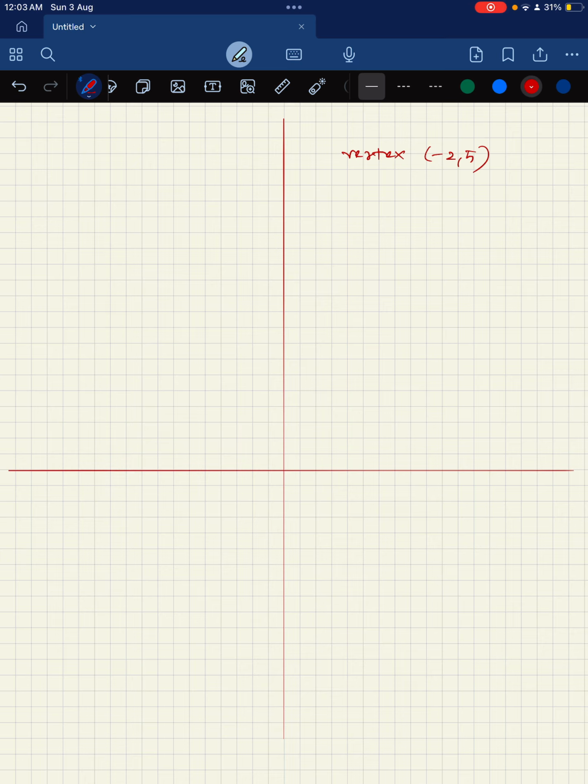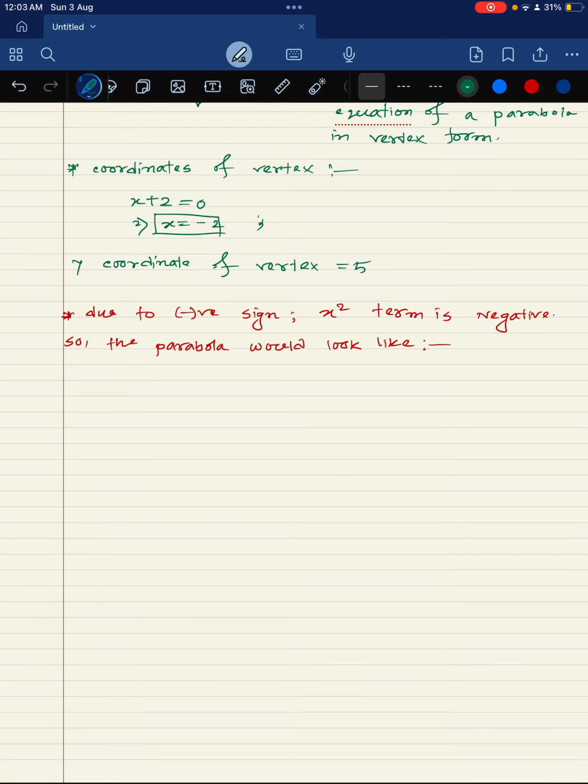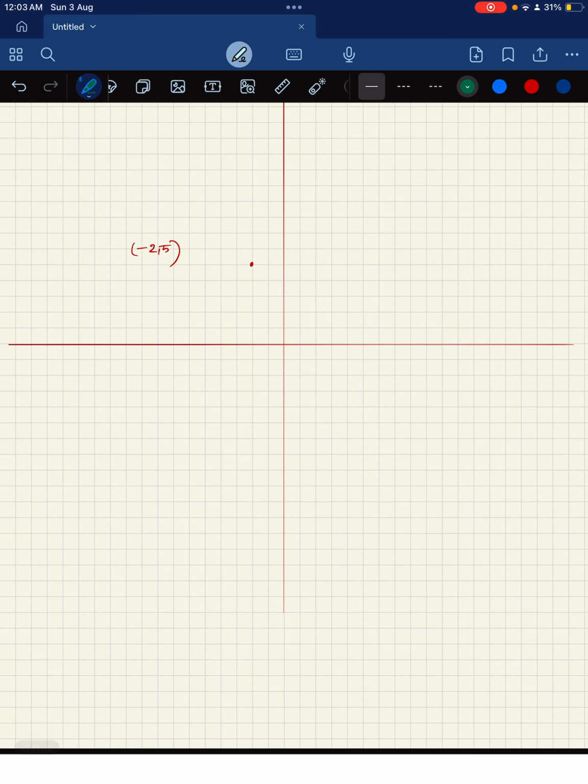So -2, then 1, 2, 3, 4, and 5. This is the point -2, 5, and the parabola will look like this. As the sign of the x squared term is negative, it will be an inverted parabola. It will look something like this.